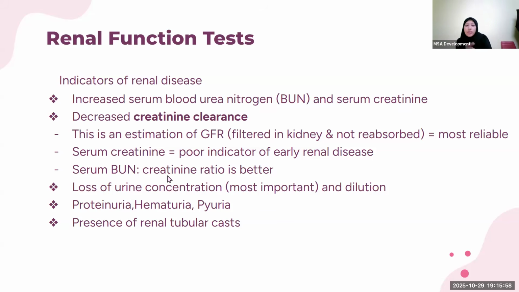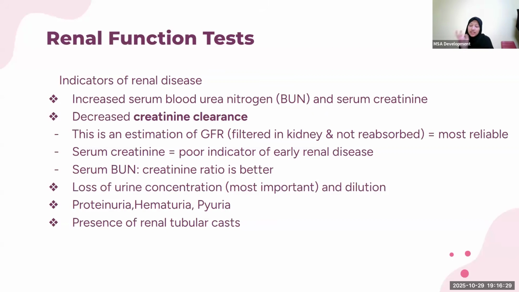Okay. The most important thing to look at is the creatinine clearance. From this whole lecture, that is the most important part. A normal kidney is supposed to clear creatinine, right? Creatinine clearance is the amount of creatinine that was cleared from the blood. It's very easy to measure. You can just measure it and see how much creatinine was cleared from the blood by comparing it with the urine.